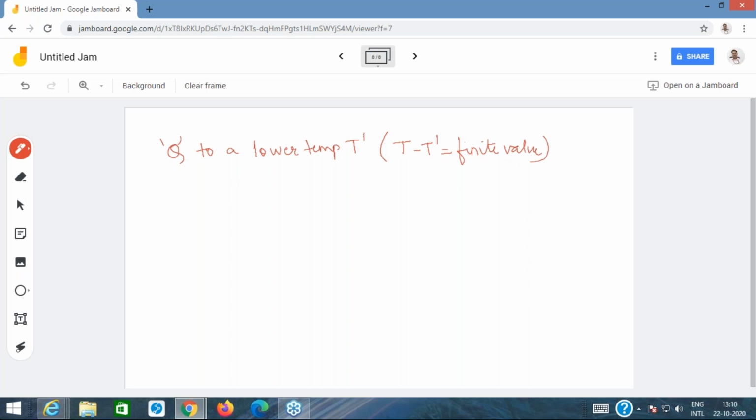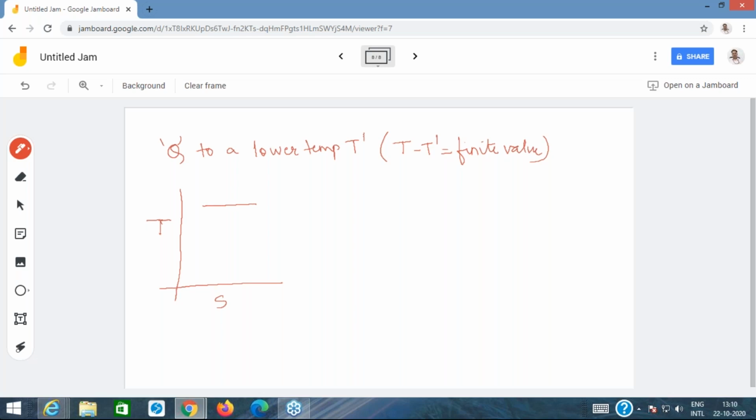If you want to represent this process on a temperature entropy diagram, first we had talked about the heat transfer from the source.